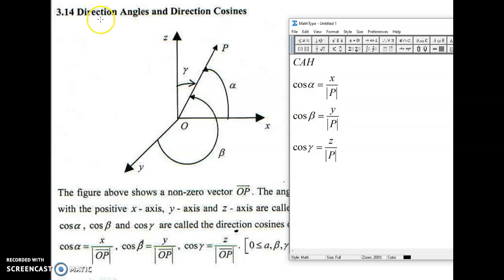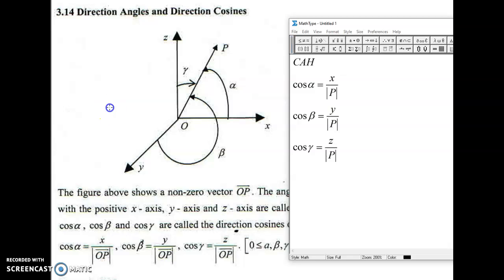Next, if they want you to find the direction angle, simply move the cosine from the left hand side to the right hand side, so it becomes cos inverse. So you just calculate cos inverse of x over the hypotenuse to get the angle.